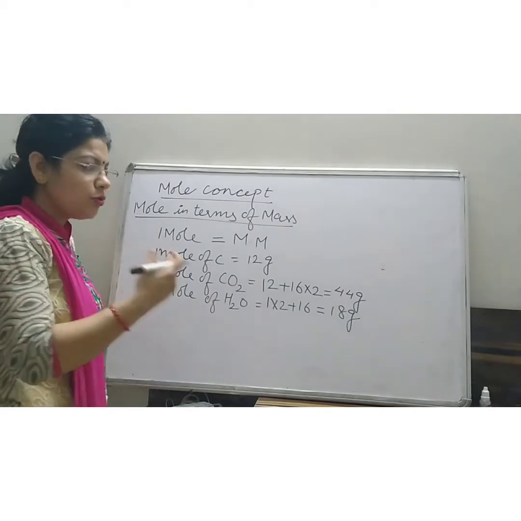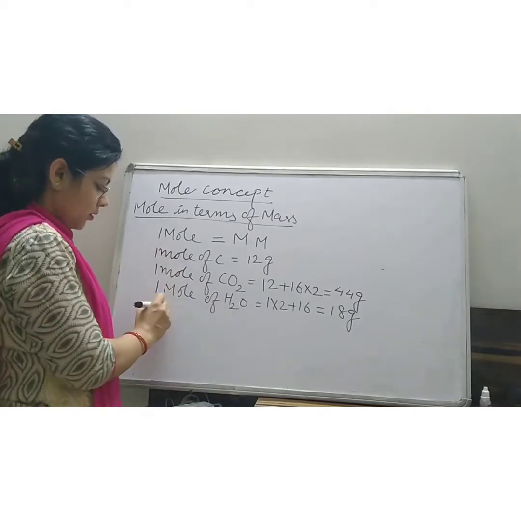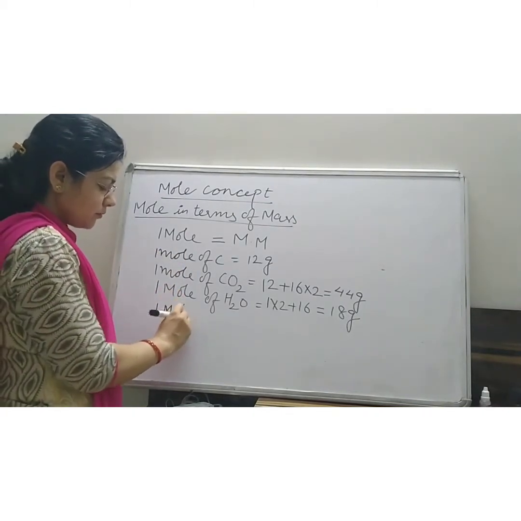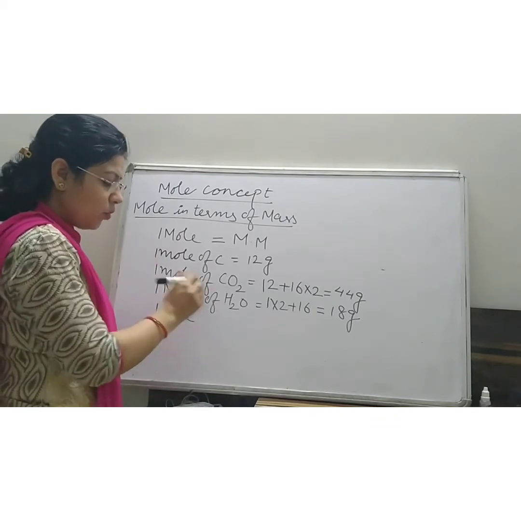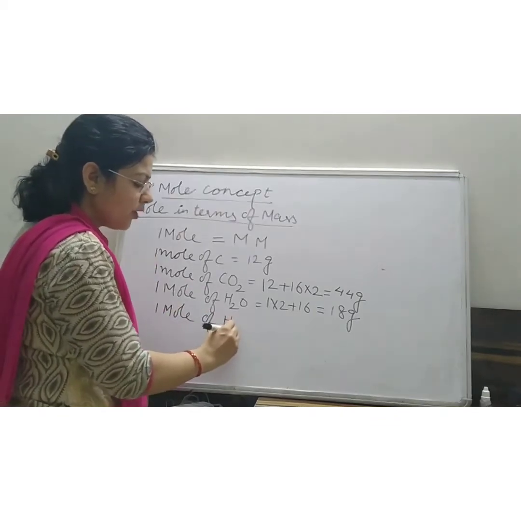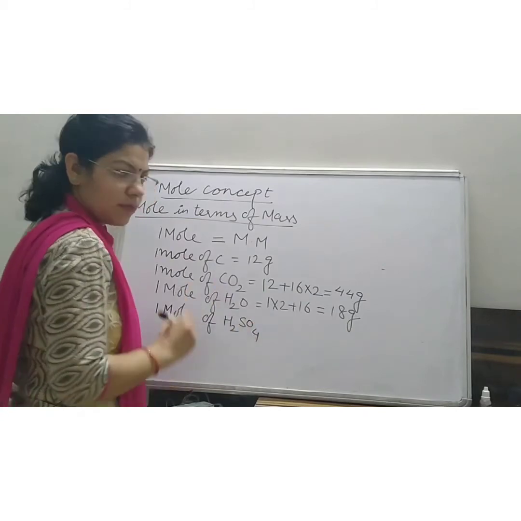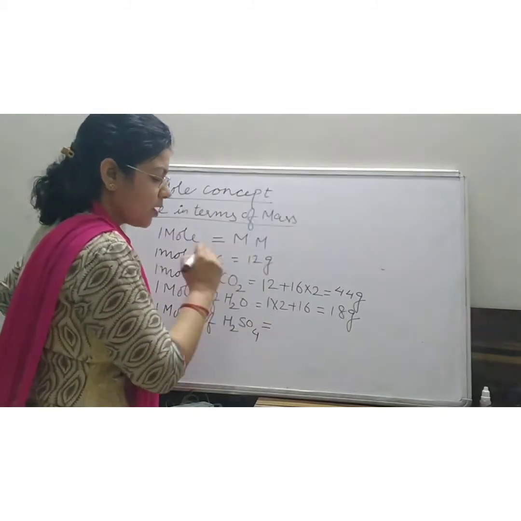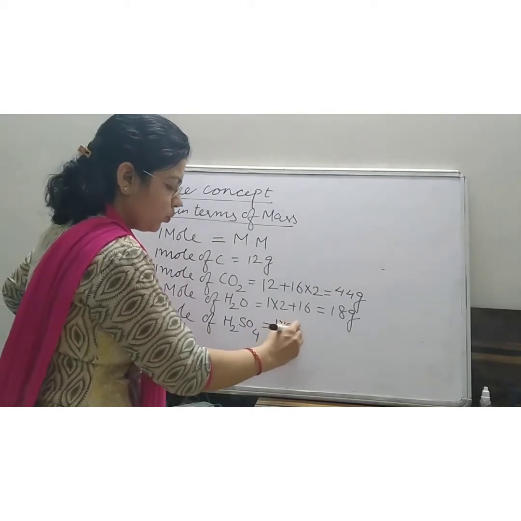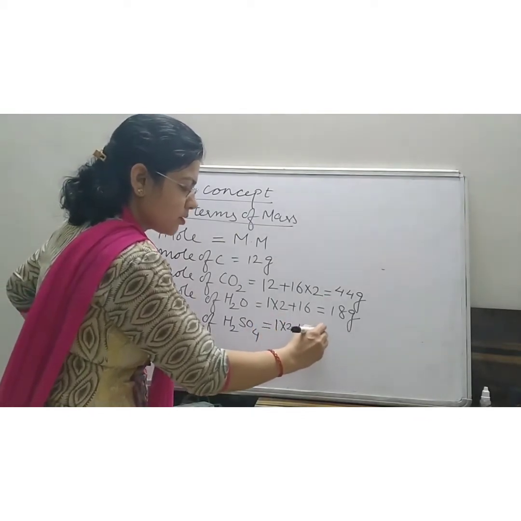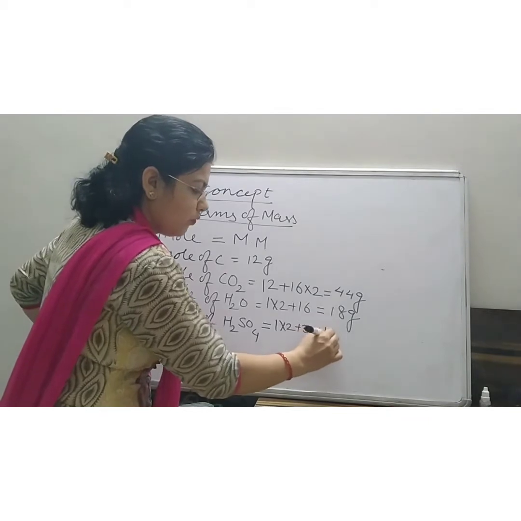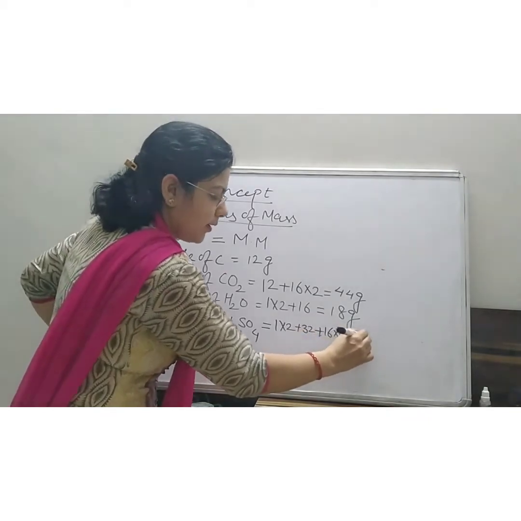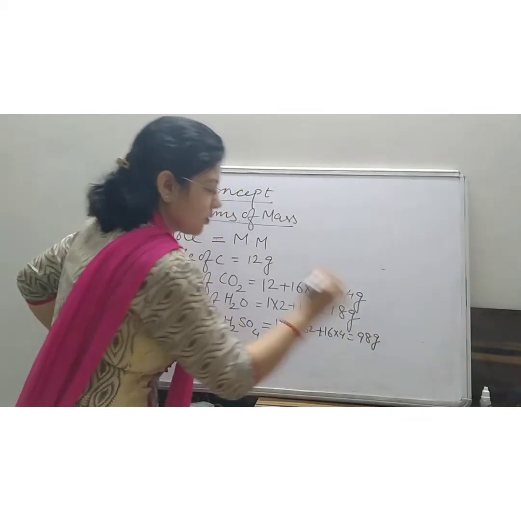Similarly, 1 mole of sulfuric acid, H2SO4, has mass 1 into 2 plus 32 plus 16 into 4, that is 98 grams.